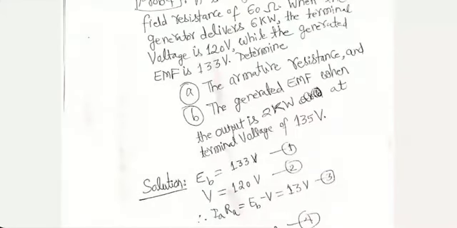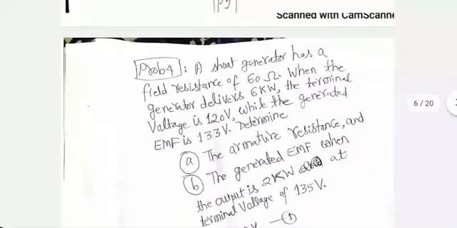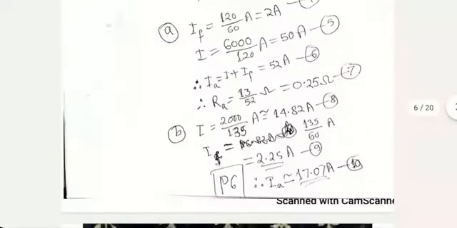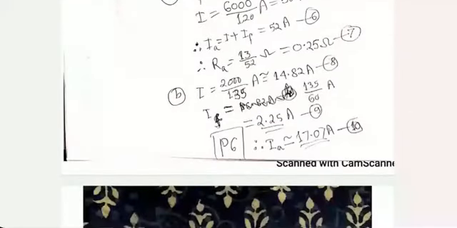In part B, the output has dropped to 2 kilowatt and terminal voltage has gone up to 135 volt. And you want to figure out EB. So now I will change to 2000 divided by 135, which is around 14.82 amperes.